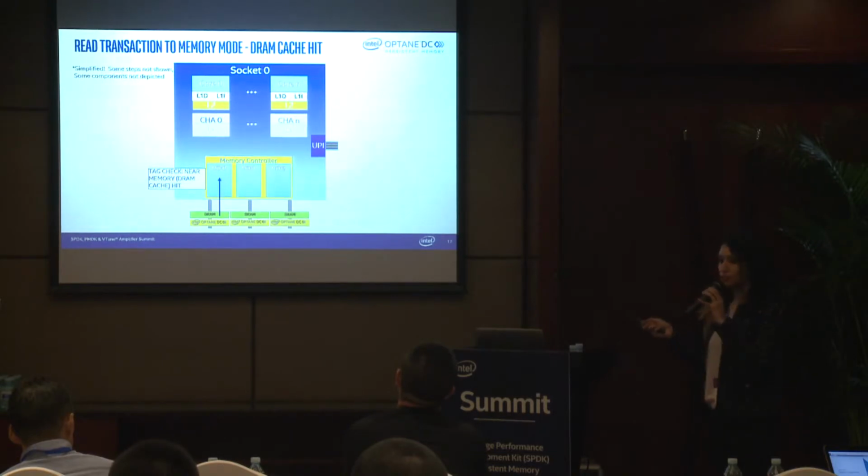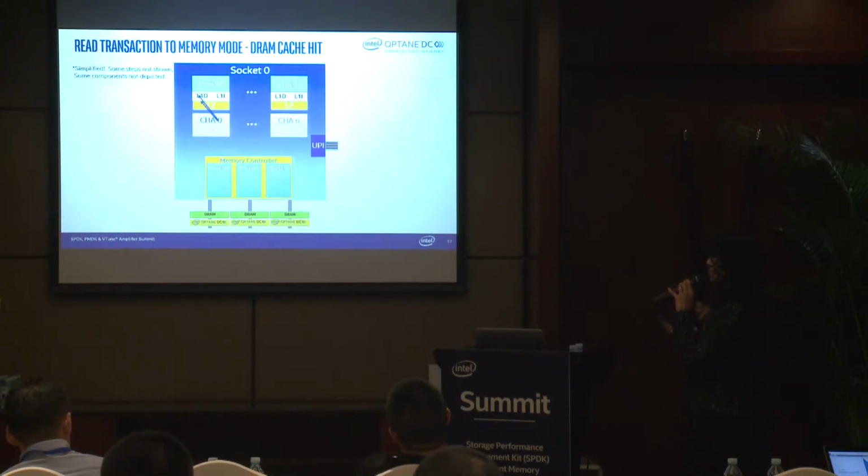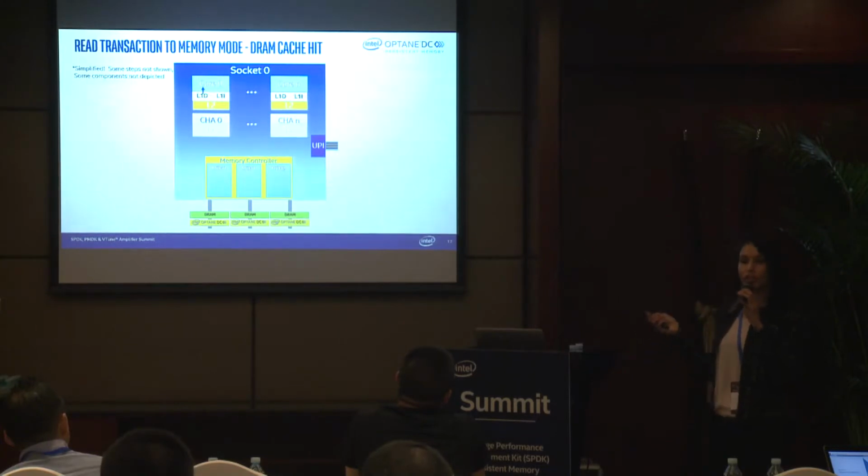There's a tag check, and it identifies that there is a near memory hit. That means the requested line hit in the DRAM cache based on the tag check which I showed you in the previous slide. Then the data is sent back to the core. So if you hit in your DRAM cache, your latency is going to be your DRAM latency.